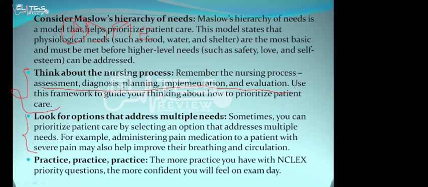In this option, if you give only, let's say, oxygen, oxygen might help only with the dyspnea. Okay. But what about the pain? In this case, when you give the morphine, it addresses multiple needs.